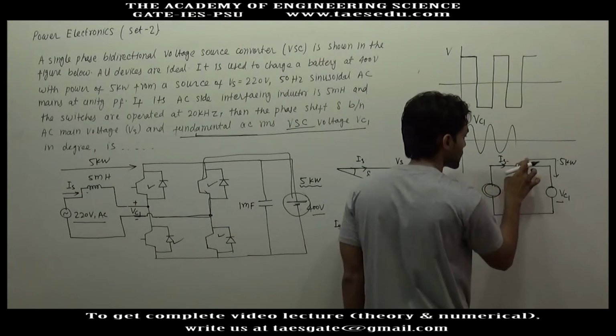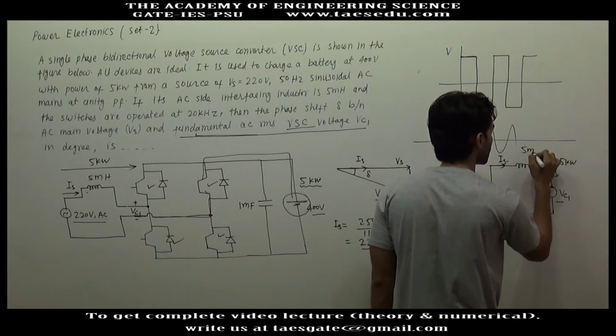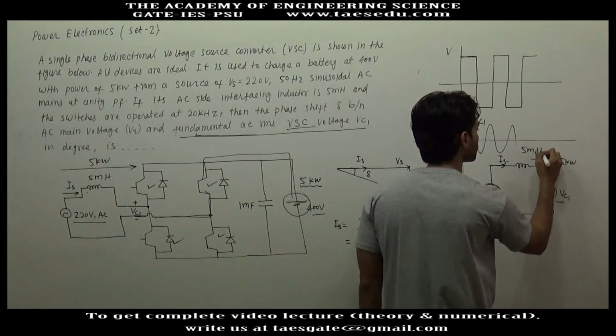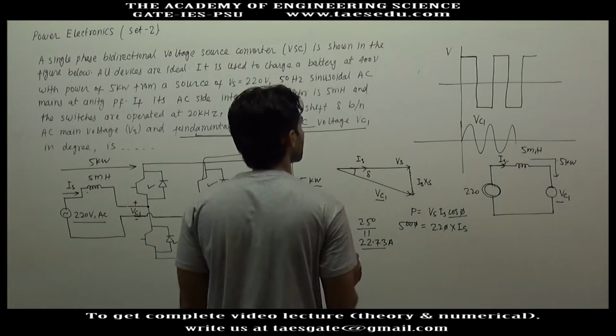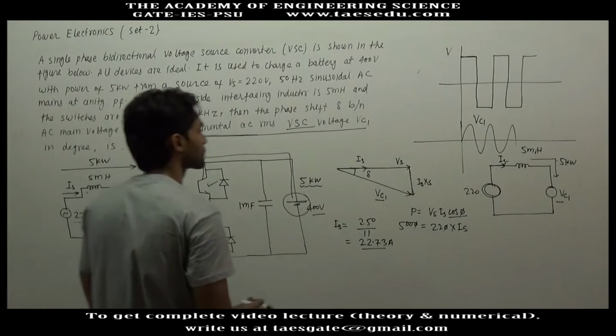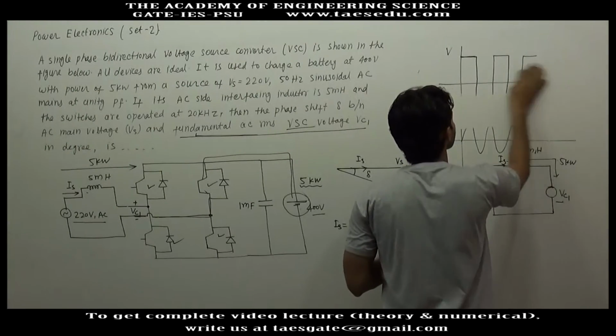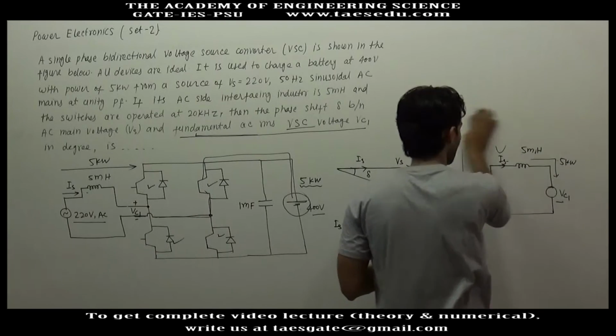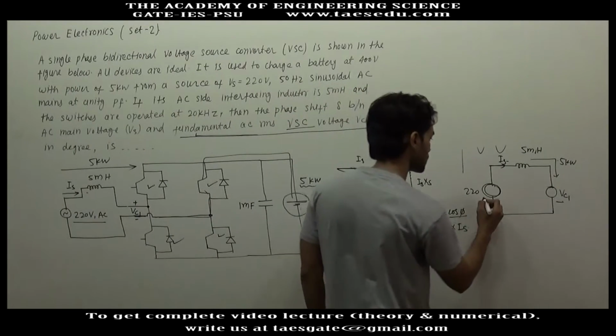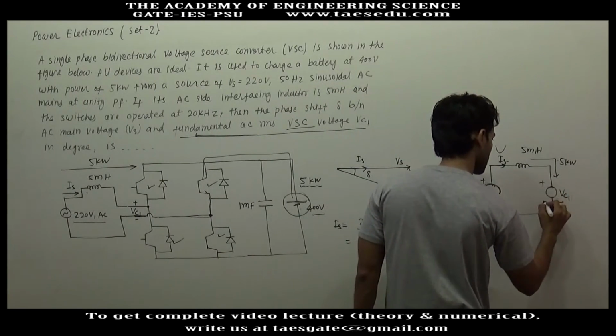And what will be the reactance offered by this 5 millihenry inductor? The reactance XL will be... Now, let's say this voltage is Vs, and this voltage is Vc1.